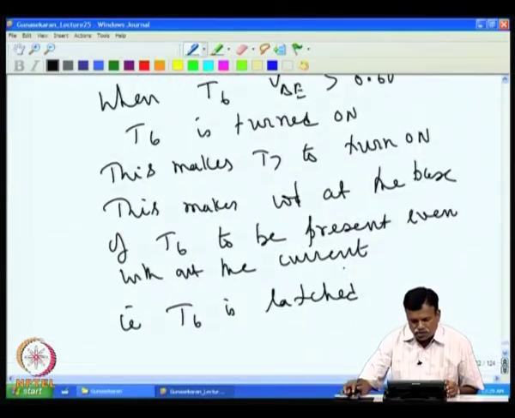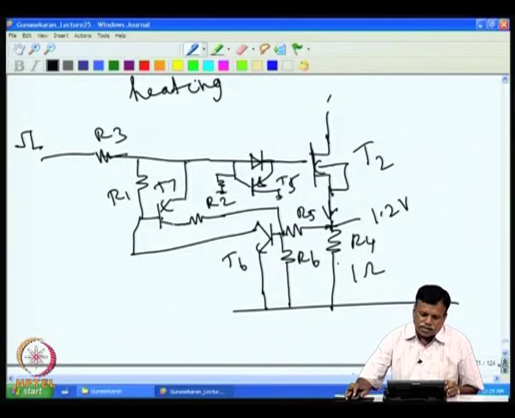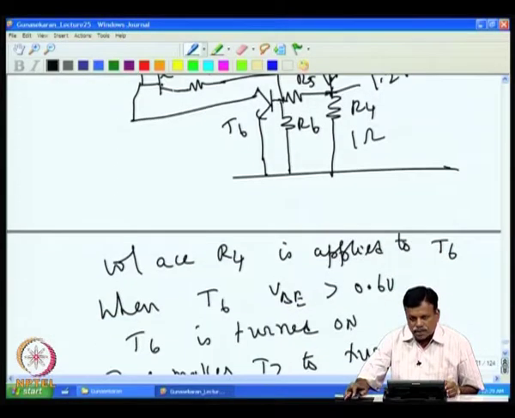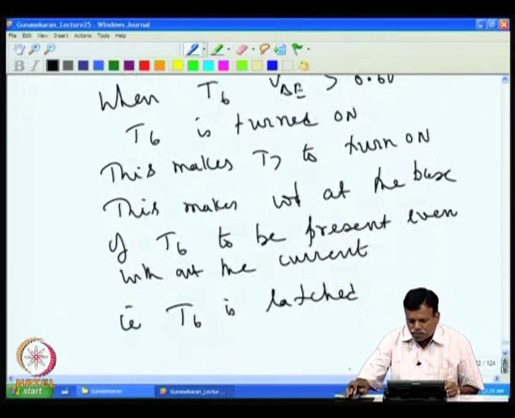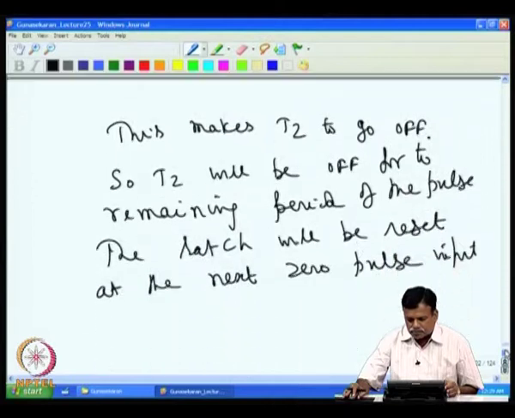So, how will you modify this current limiting, the drift that is occurring due to T6, because base emitter voltage drift now affects the current limiting. Now, the circuit can be modified in the following manner to compensate for the temperature drift.